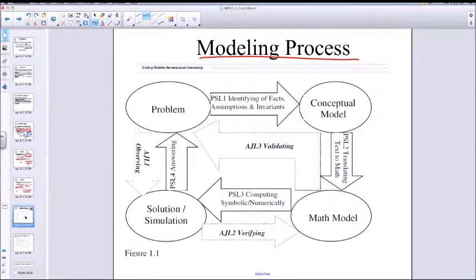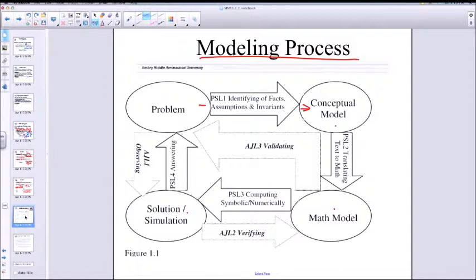You go from the problem and translate it into a conceptual model by using English, but very specific language, and translate the conceptual model into a mathematics model. That will be the differential equations. And then you solve the mathematics equation, or you approximate the solution, and you're going to answer the question. That's the problem-solving loop.